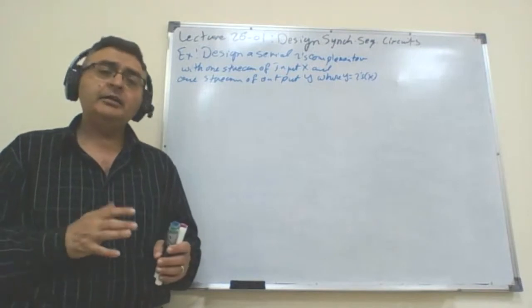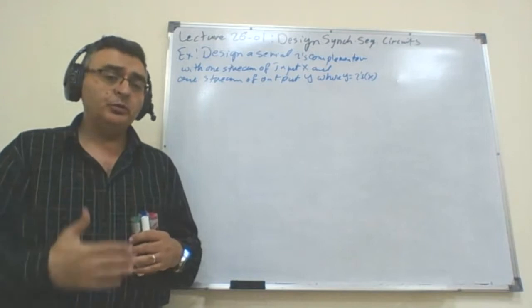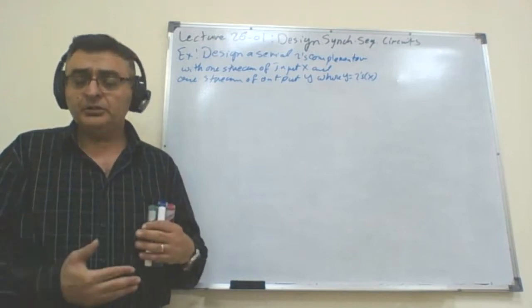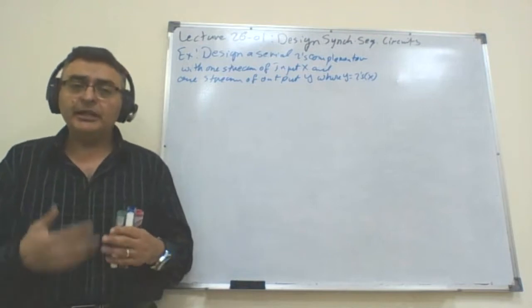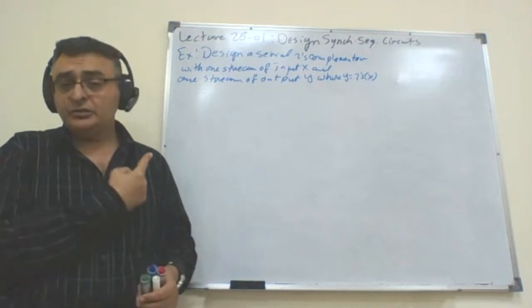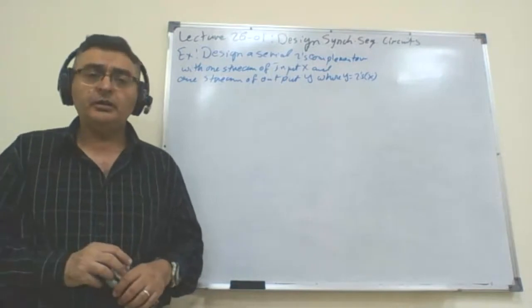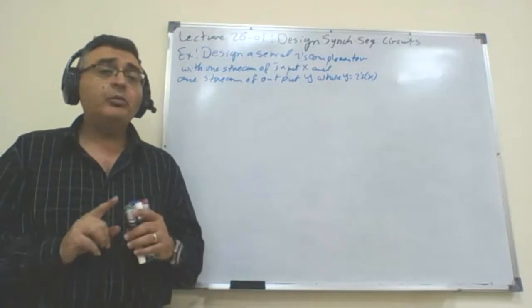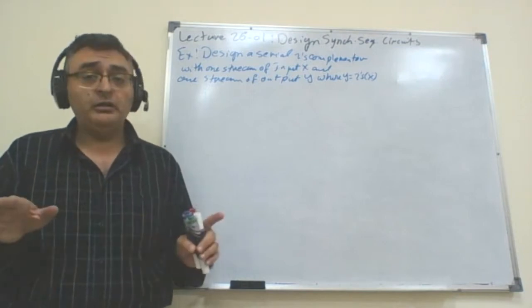Then in the next lecture, lecture number 27, we will explore different examples of how to build state diagrams. This is the first one, and we will take maybe 3 or 4 other examples. So we will demonstrate one example in full.